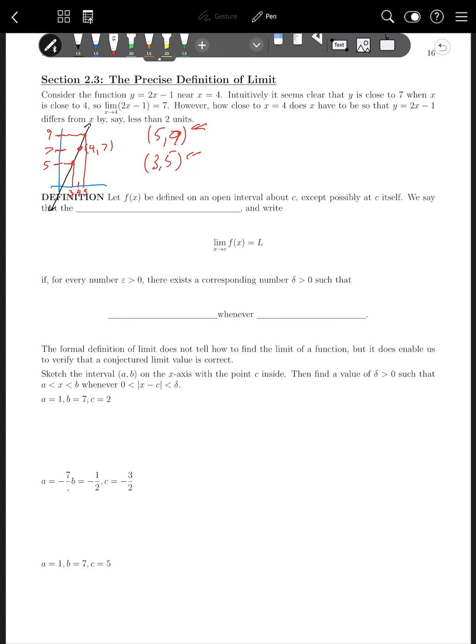So the definition: let f of x be defined on an open interval about c, except possibly at c itself.